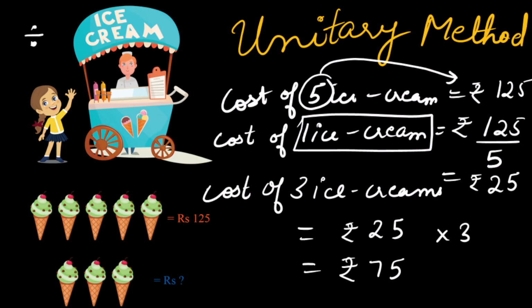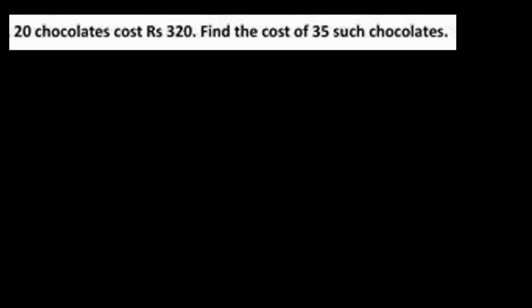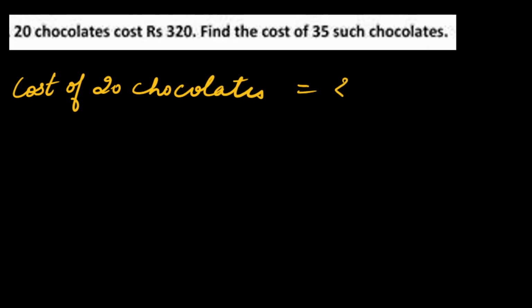One more problem we will do to understand this in a better way. So first division to find the cost of 1, then multiplication to find the cost of many. The cost of 20 chocolates is given to us. So we'll write cost of 20 chocolates equals rupees 320.